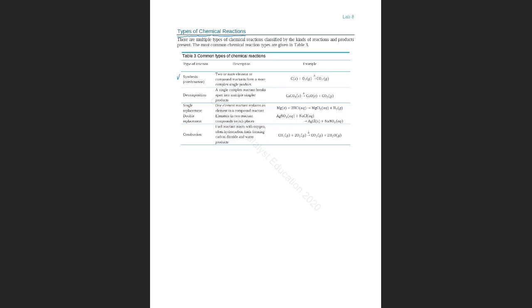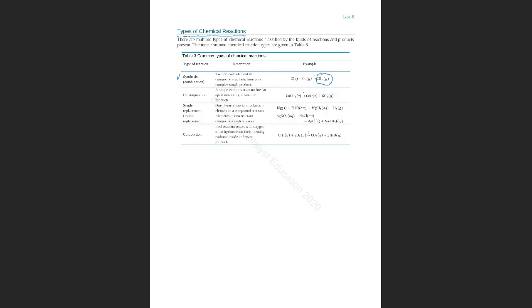So when you look at what is after the arrow, you see that there is only one product. If 2 or more elements combine to form just a single product, you will say synthesis.